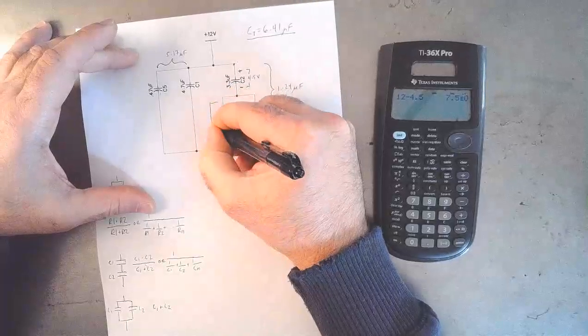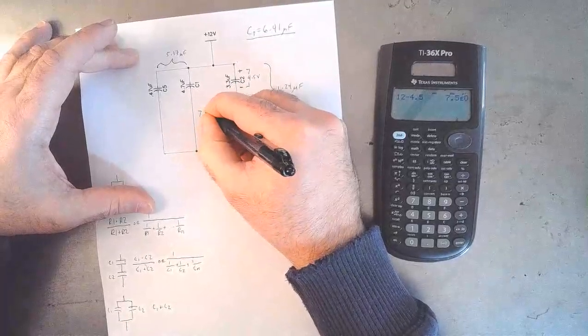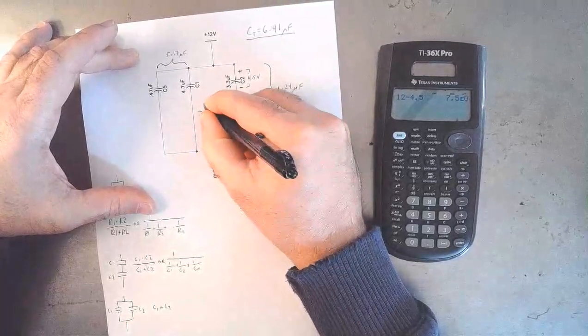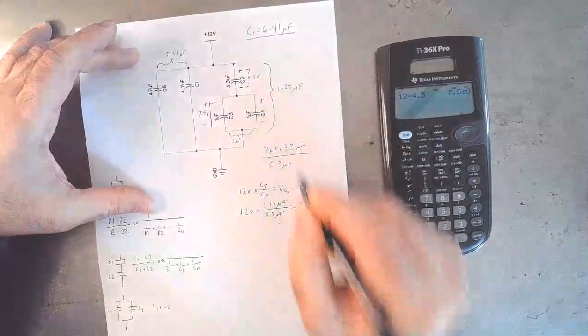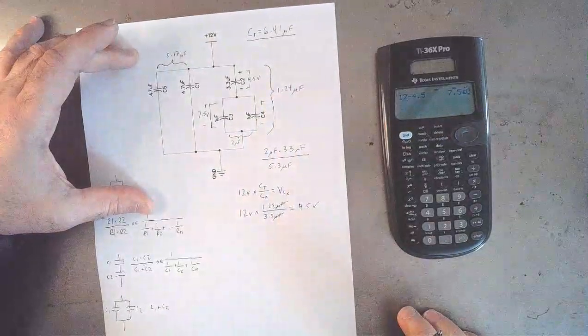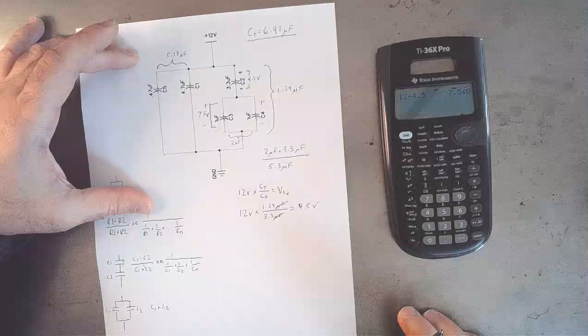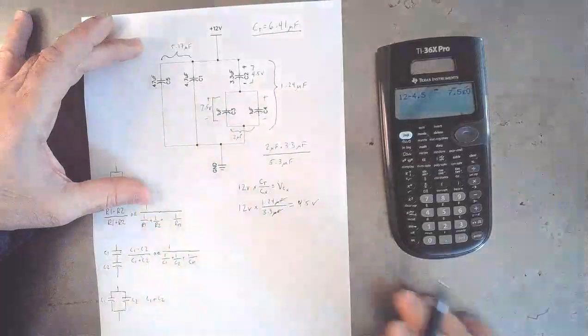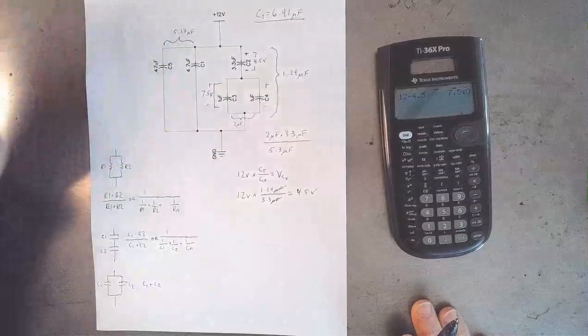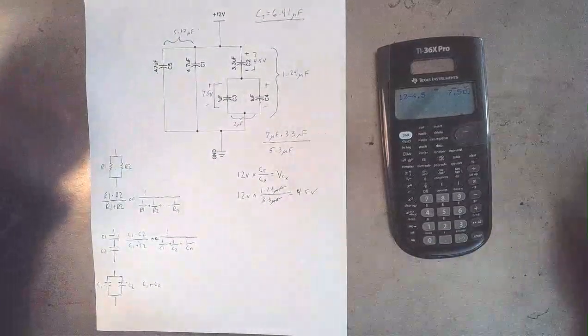From here to here there's 7.5 volts, and there'll be 7.5 volts across this one as well. That is how voltage division works with capacitors, and how capacitors combine in series and parallel. All right, that's it for this one.